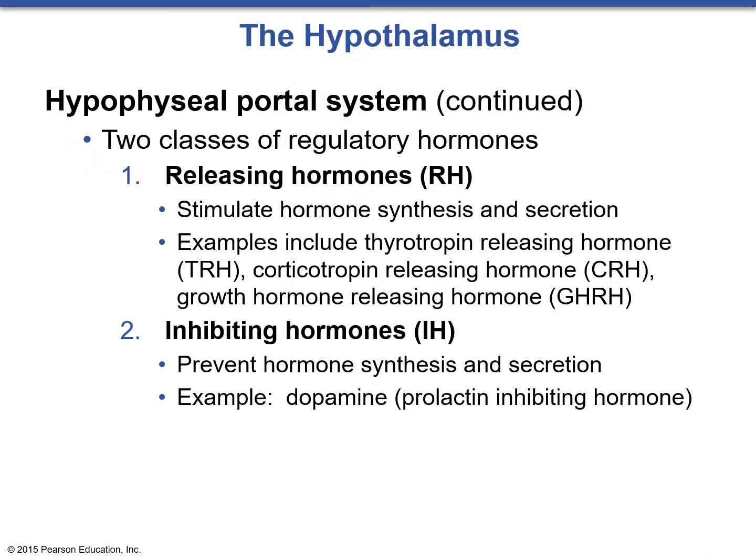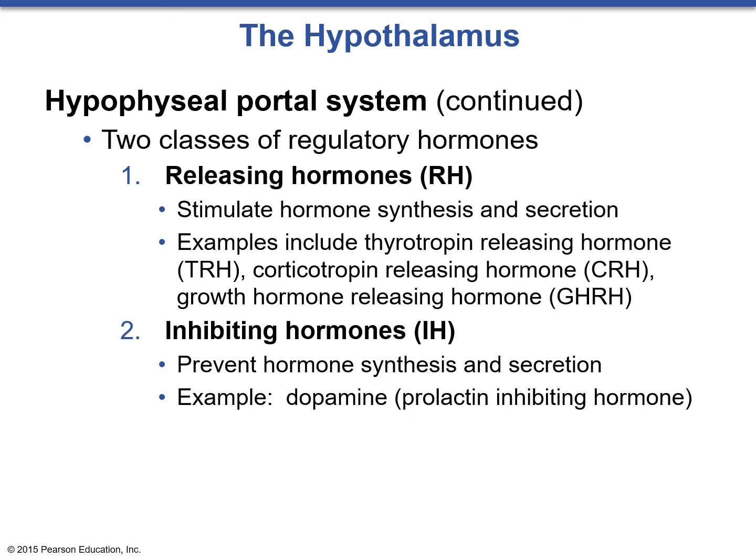Now, there are two classes of regulatory hormones. They are releasing and inhibiting hormones. Releasing hormones will stimulate hormone synthesis and secretion, so it turns things on. Examples would be thyrotropin releasing hormone, TRH, corticotropin releasing hormone, CRH, or growth hormone releasing hormone, GHRH.